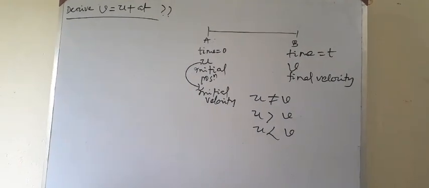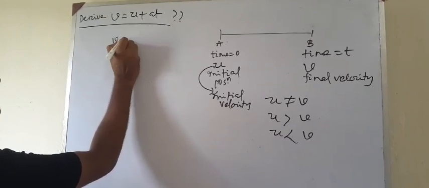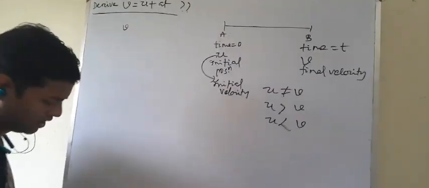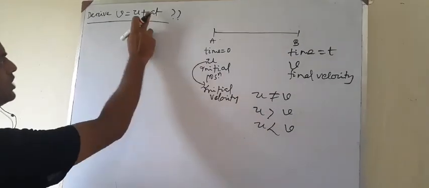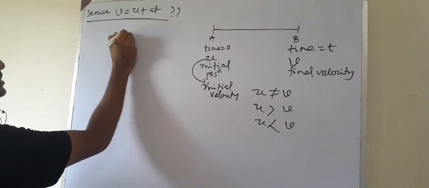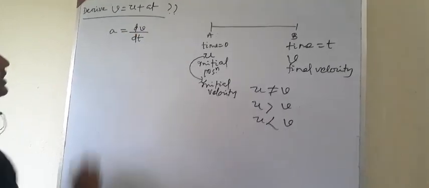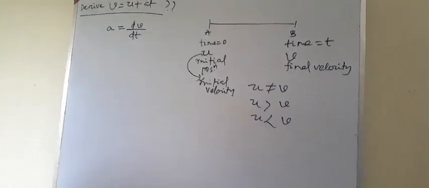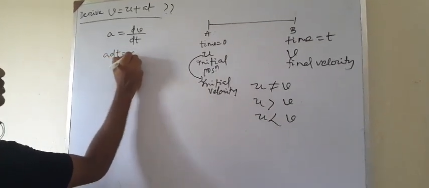So in this situation we will be solving. We'll start with instantaneous velocity, or directly you can start with instantaneous acceleration. Since it is a non-uniform motion, acceleration is there. So instantaneous acceleration is given as a equal to dv by dt. So a dt equal to dv.